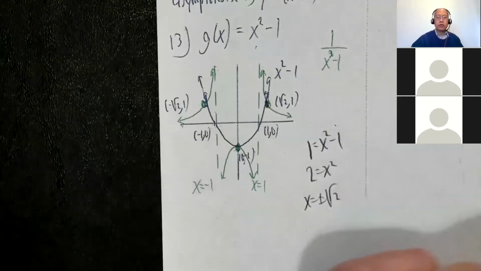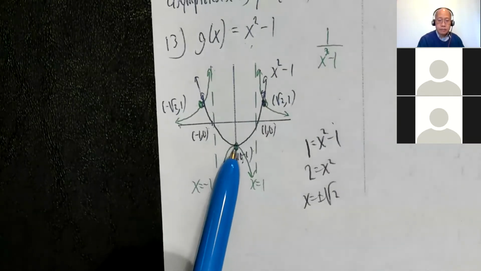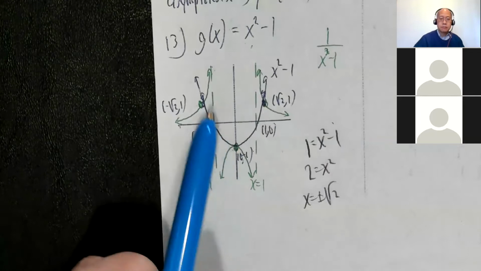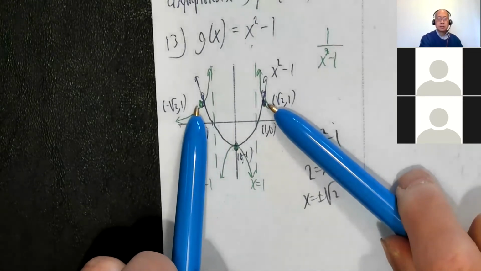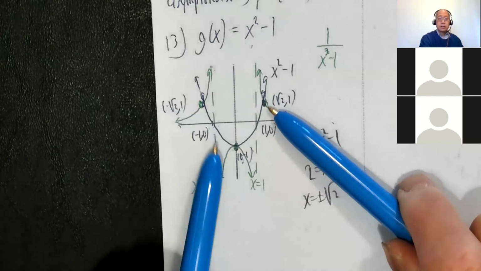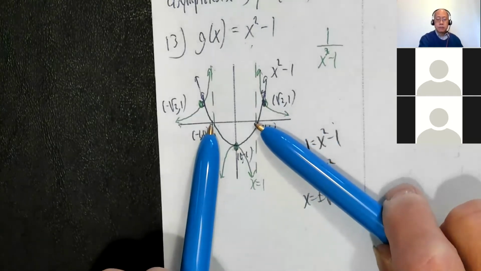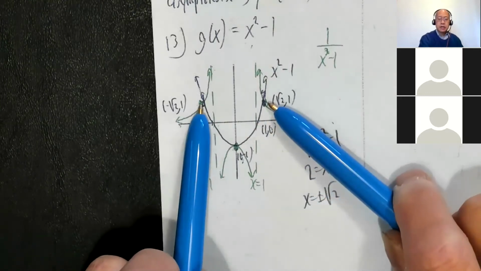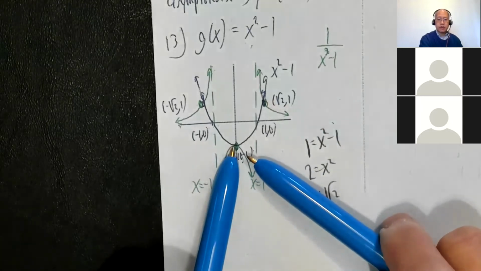Then I look at where the y value is 1 or -1. They match. They match. So undefined, undefined, you can't have the reciprocal of 0. Match, match. How come? The y values are 1, the reciprocal of 1 is 1. And match here because the y values are -1.